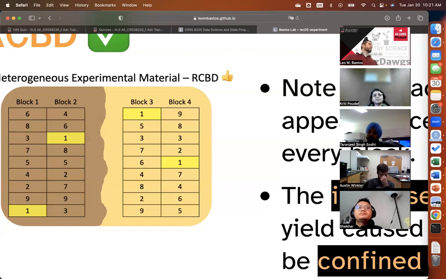Another way of thinking of this, let me give another example. Let's say we're doing the design that is on the screen right now, and let's say that our treatment is irrigation. Now, irrigation and soil texture probably interact, right?